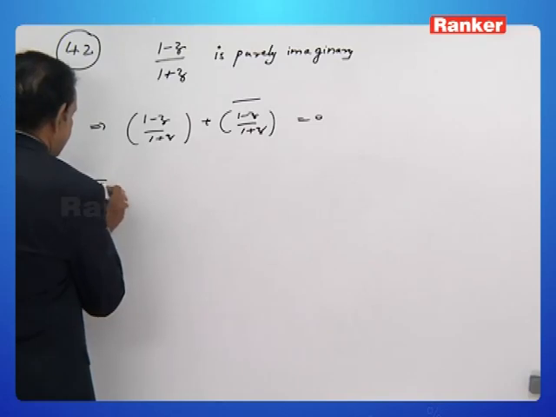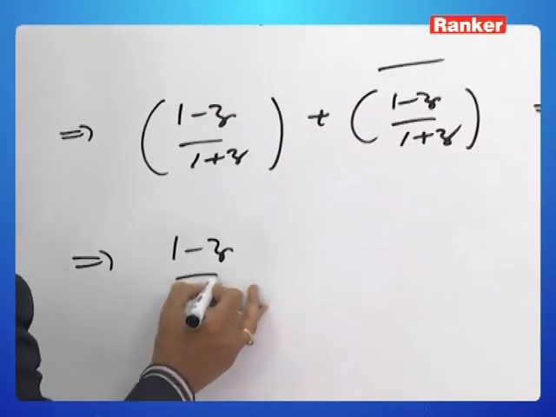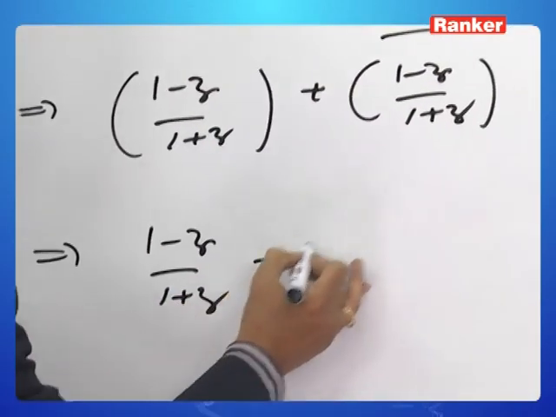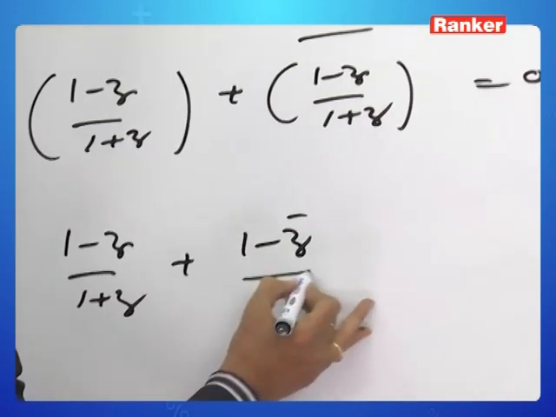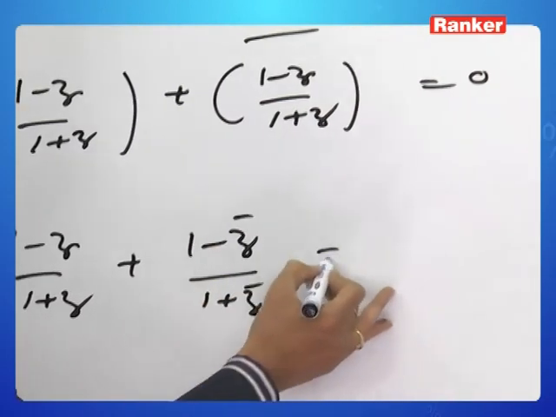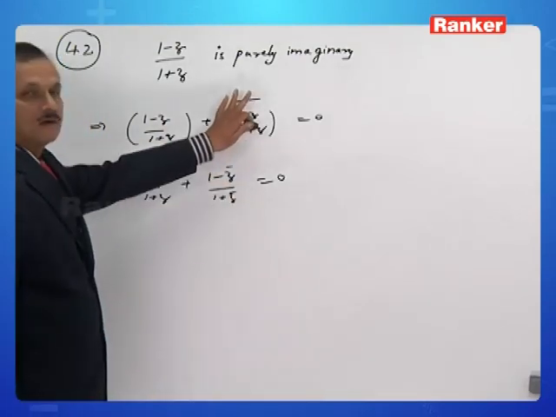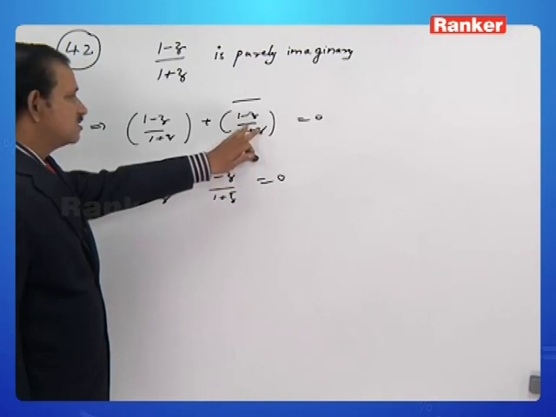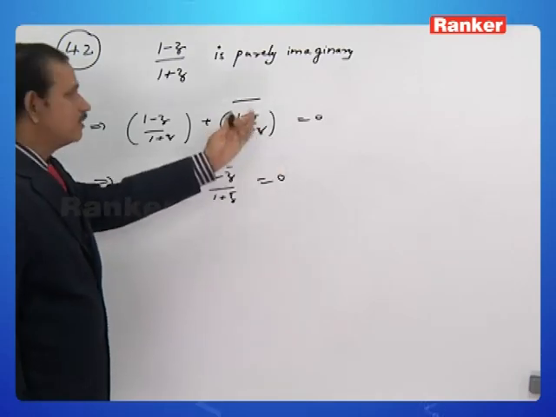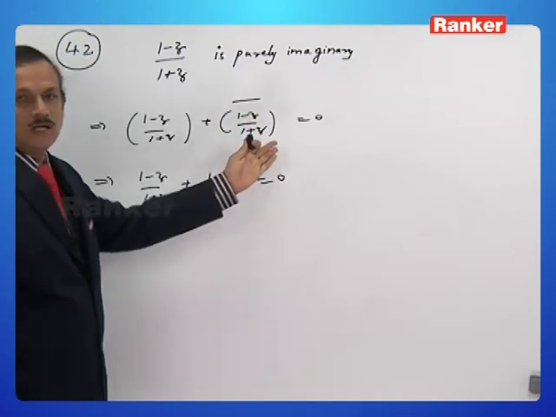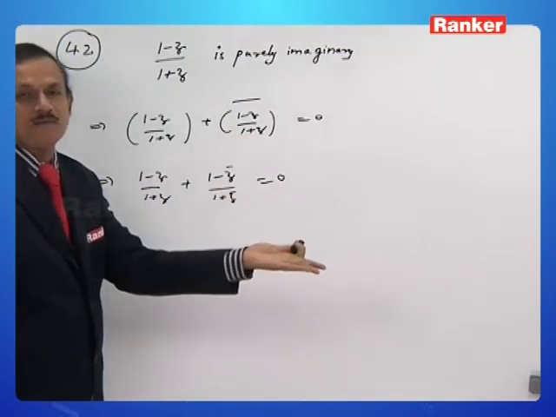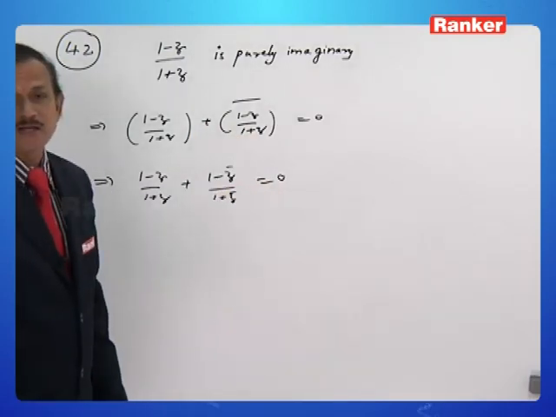That is (1 minus Z) by (1 plus Z) plus (1 minus Z bar) by (1 plus Z bar) must be 0, because the conjugate of a quotient is the quotient of the conjugates, that is (1 minus Z) whole bar by (1 plus Z) whole bar. (1 minus Z) whole bar is nothing but 1 bar minus Z bar. 1 bar is 1, being a real number.